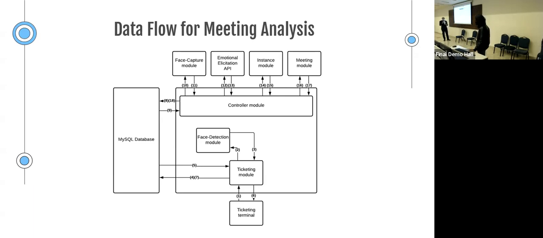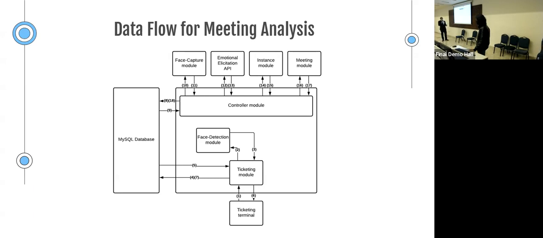Once a meeting is initiated, now comes the role of the controller module. As soon as the meeting starts, there is a face capture module that starts immediately with the meeting, and it takes every 10 seconds of the whole meeting video.